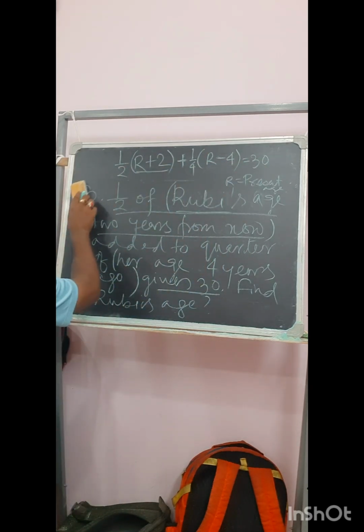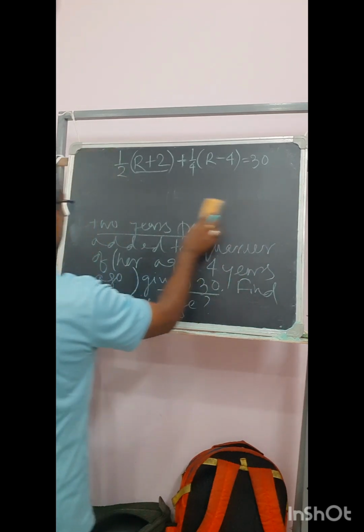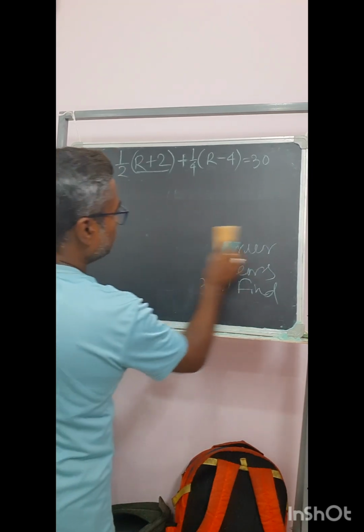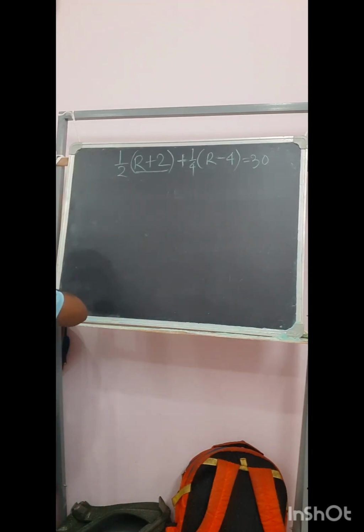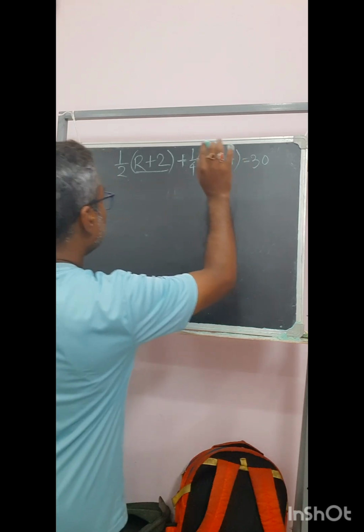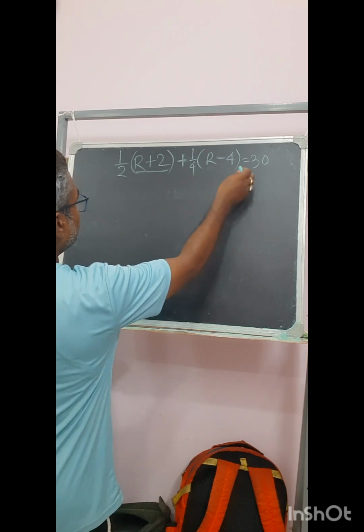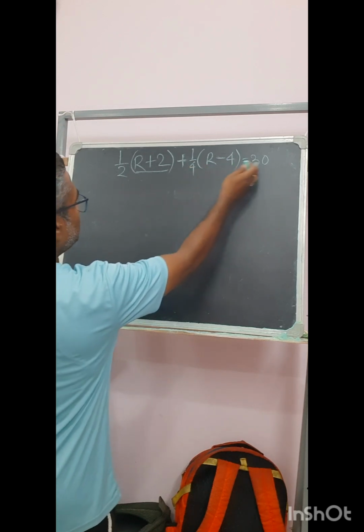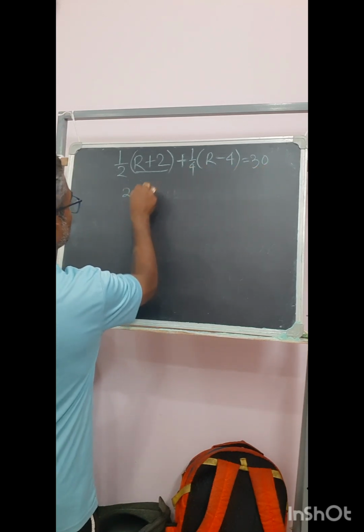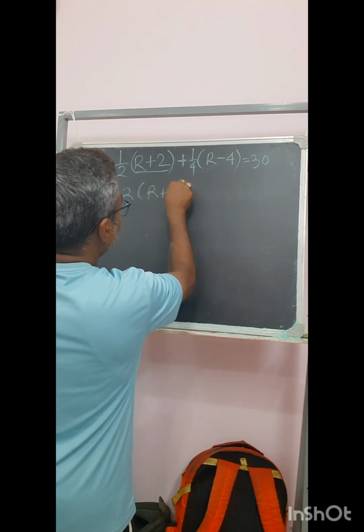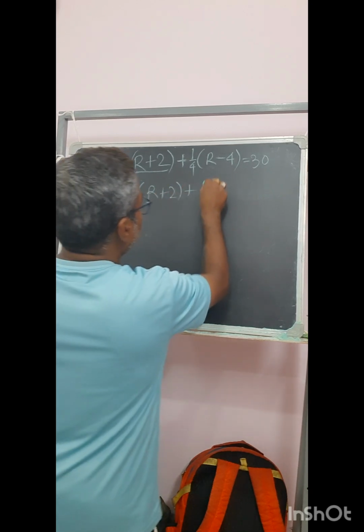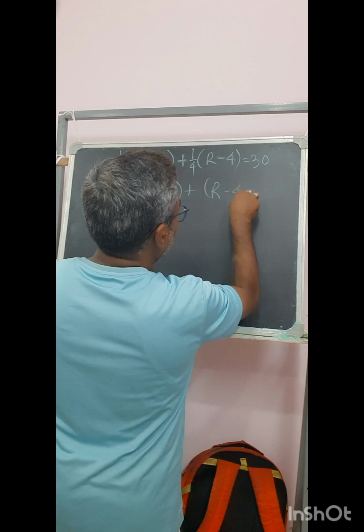Once you have established it, then that is your numerical ability to solve any equation. And I can say this kind of equation is very easy to solve. You will not get much pain solving it. So multiply with 4 to ease the calculation of fraction.